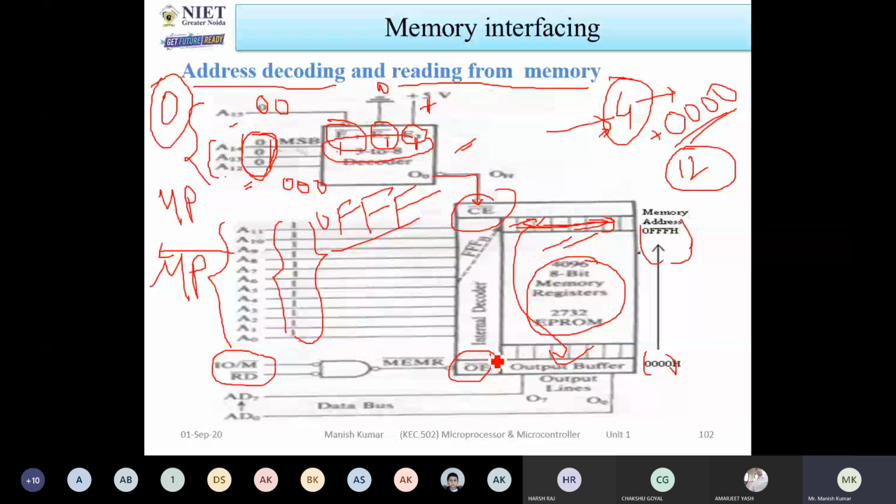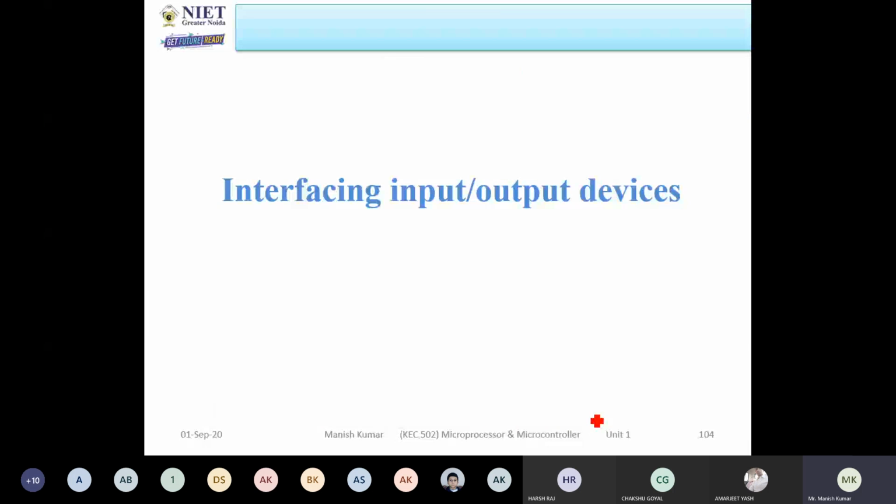So whenever you are fetching the address with the help of the internal decoder, this will find the exact location of the memory and from there the data will be retrieved by the output buffer. And then when the read signal is activated, this output buffer data will be read by the processor. So this is the whole concept regarding how you can read the data from the memory or write the data to the memory.